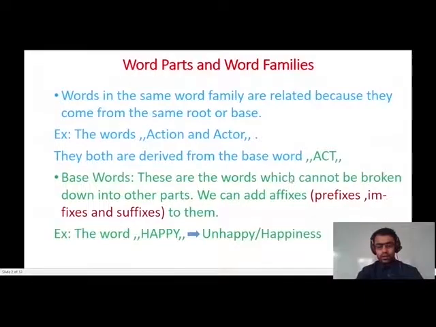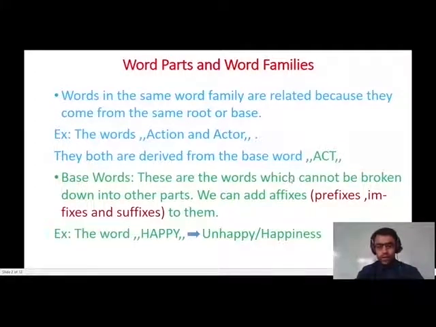These are particularly words which cannot be broken down into other parts. They are recognizable single units. And usually we can add affixes, which include prefixes, infixes, and suffixes, to the base words.